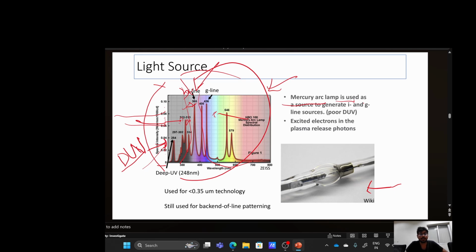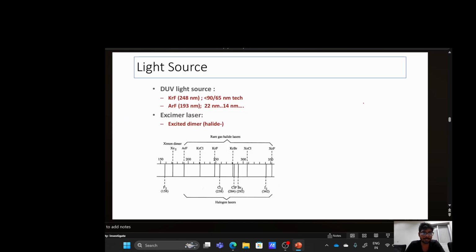For deep UV you can go to a somewhat smaller feature size. For 0.35 micron technology, you can use deep UV with a wavelength of 248 nanometers.